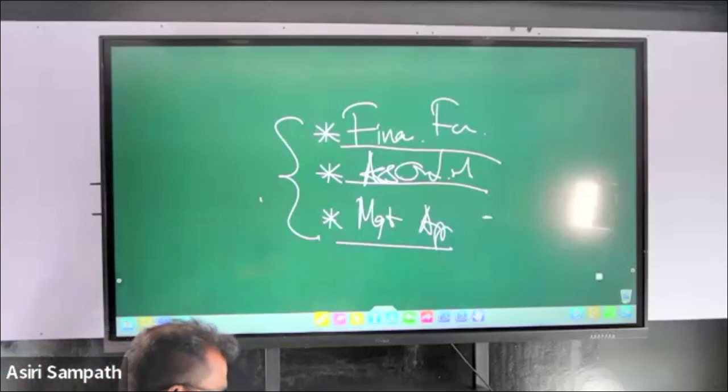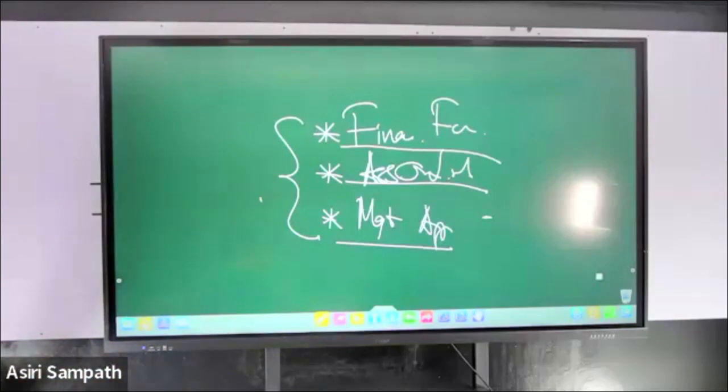Number two, bought goods on credit for rupees 40,000.